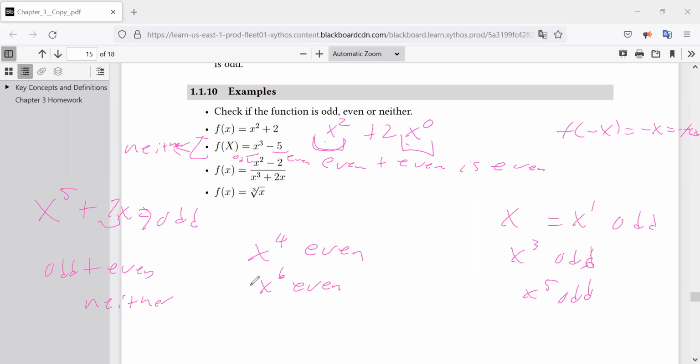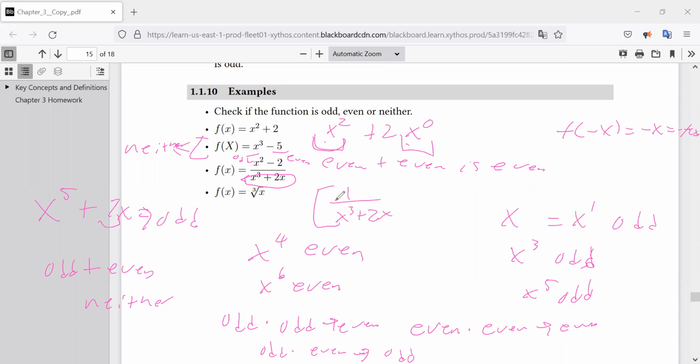The only other thing to keep note of is odd times odd is even. Even times even is even. And odd times even is odd. And that also applies to dividing. So this right here is odd, and 1 divided by an odd function will also be an odd function.